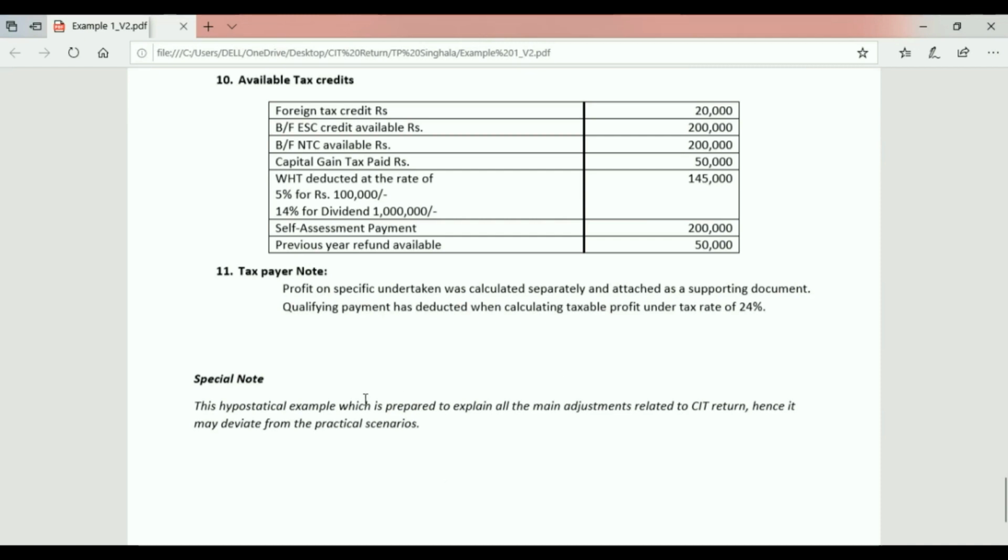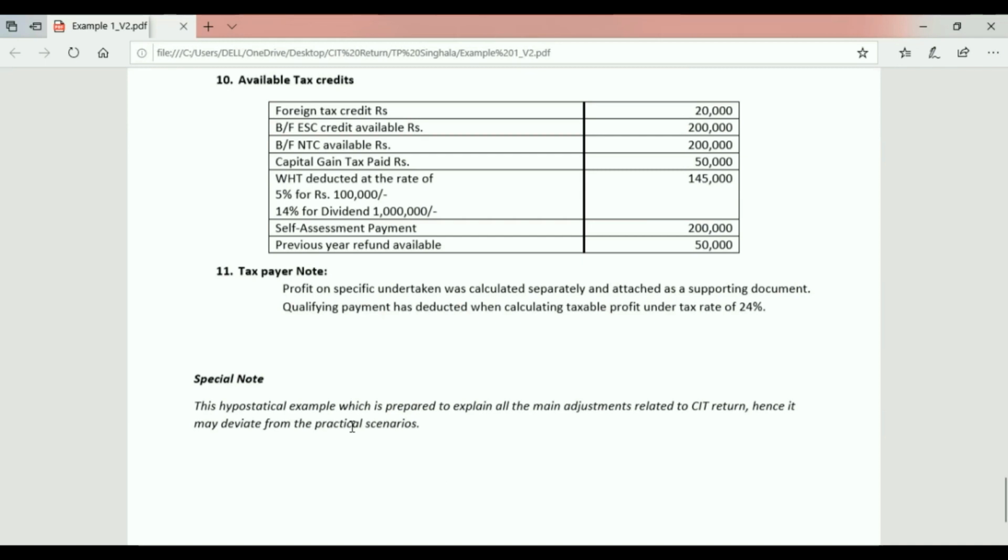Why are we including so much information in this example? Sometimes it may not be really practicable when concerning one particular company. But by using this example, we try to provide a better understanding of how we are going to do the computation and how we are going to fill the returns, right?